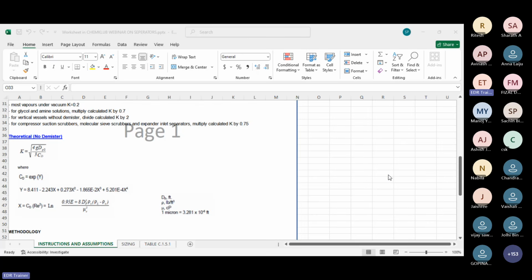If it is huge, your height is too high and diameter is too low, right? So you cannot use a vertical one. You have to use a horizontal one for flow rates like 30,000, 20,000. Vertical is used where gas flow rate is high and liquid is low, but that is for a limited flow rate, not for all flow rates. If your flow rate is 20,000, 30,000, you cannot use vertical. Vertical you can use for 5,000, 10,000, that is okay, even 10, 15,000. But if you are going to use 40, 50,000, it is not feasible for the vertical one.